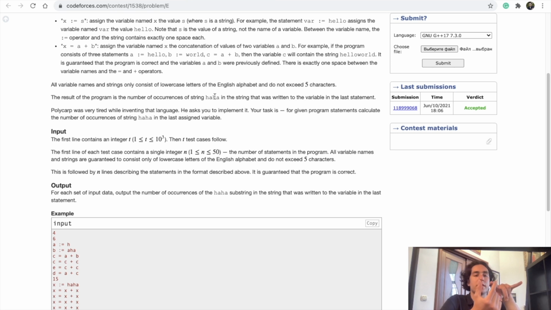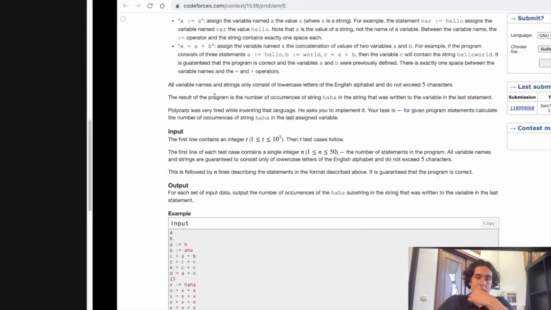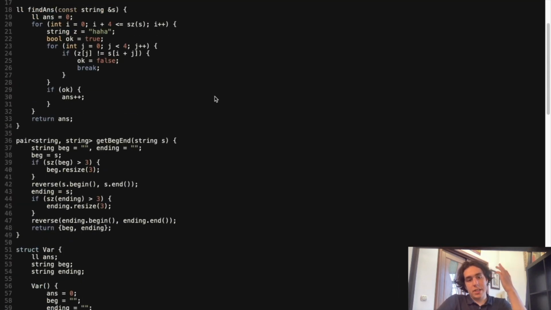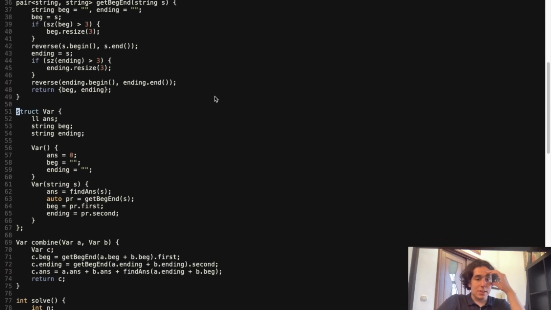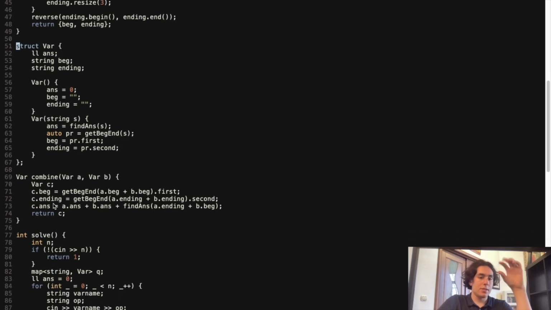We just care about the characters that can be in this intersection, and it's just the first three characters and the last three characters. And I thought that the best way to implement it is to make a structure that stores the answer, the beginning, the ending, and then re-evaluates these numbers.